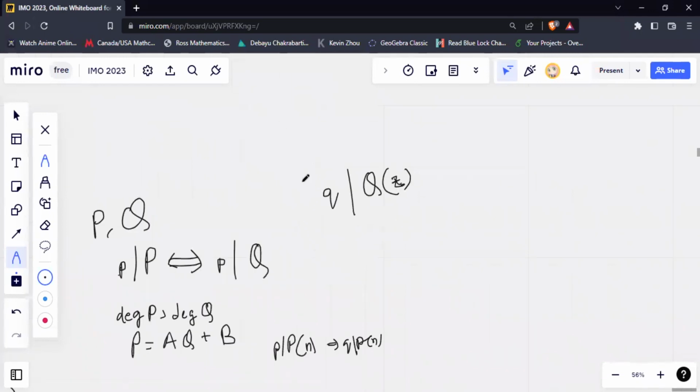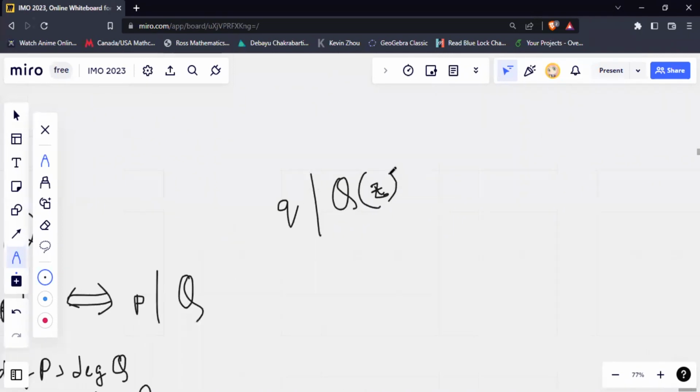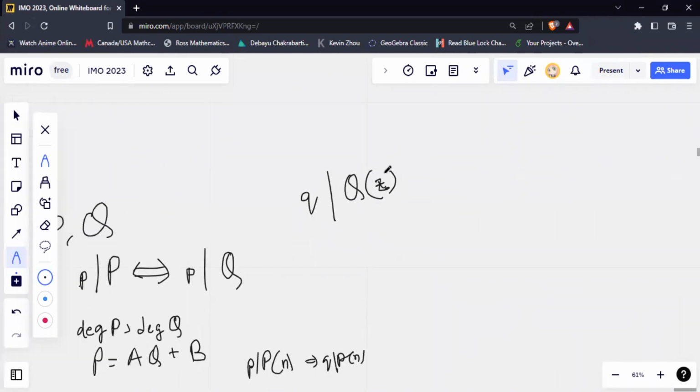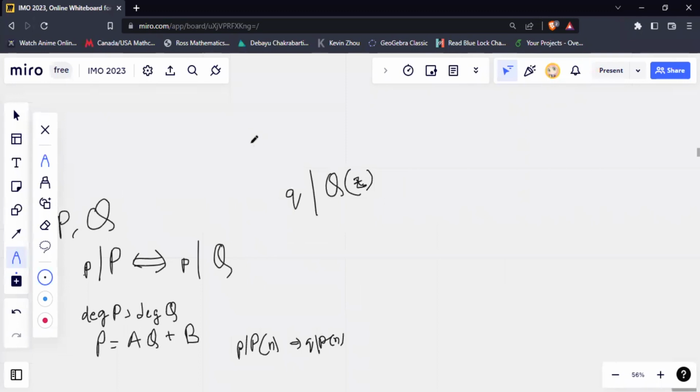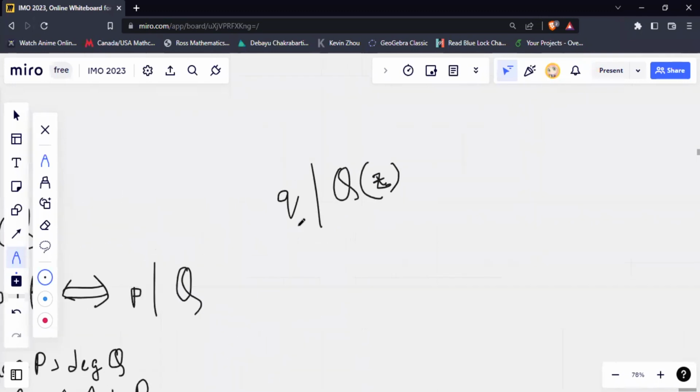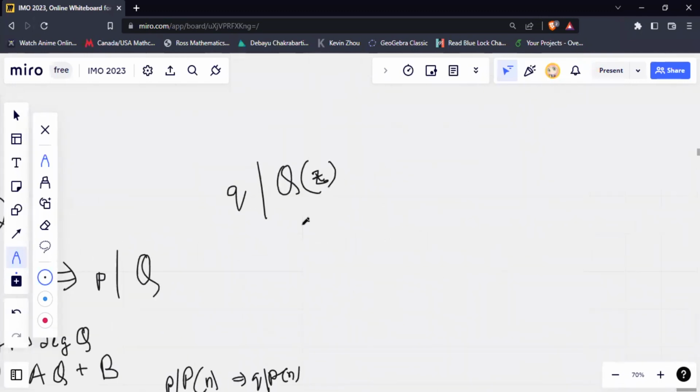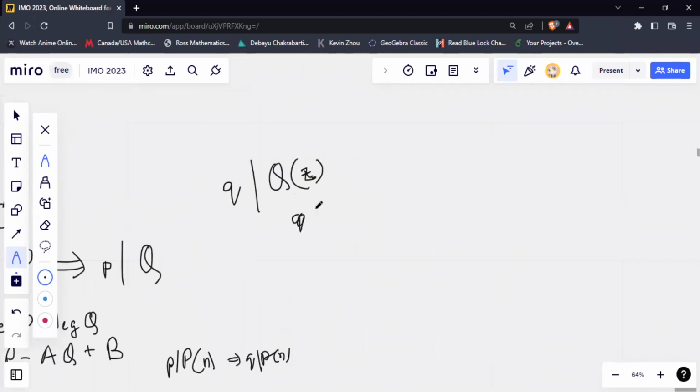We need to realize that the thing Anurag says doesn't work, because this q might be something in the leading coefficient.